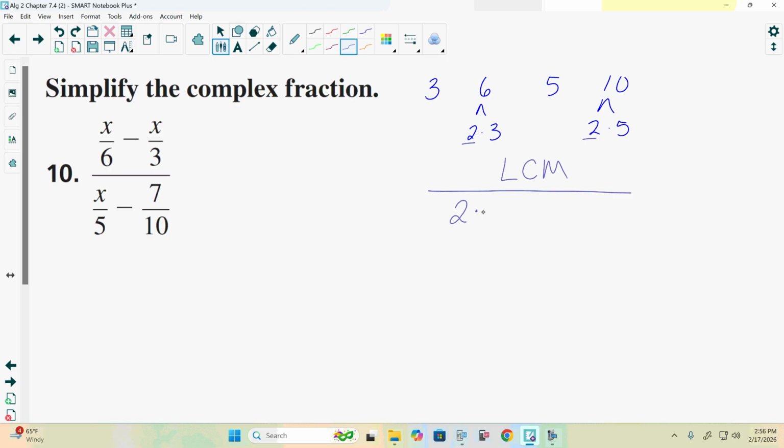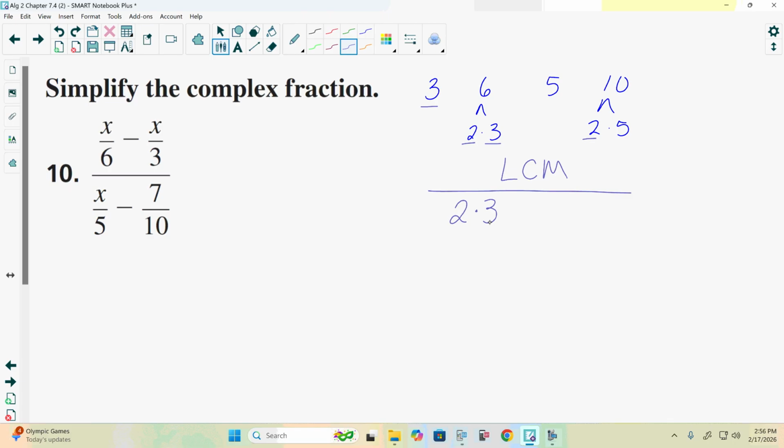Which factor do we want to look at next? Doesn't matter. 3? 3 has 1. 6 has 1. 5 has 0. 10 has 0. So even though it does show up in 2 different places, it only shows up once. So we only need it once.